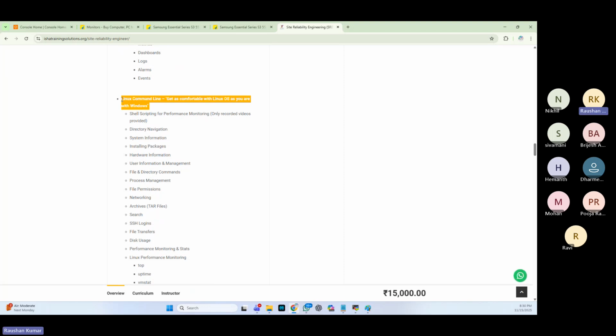Do you agree Linux is mandatory to know? Yeah, mainly because more than 95% of servers in production are based on Linux. Absolutely, Dharmendra. Whatever we use, Flipkart, Zomato, Uber, whatever application you see, it's all on Linux, not on Windows.